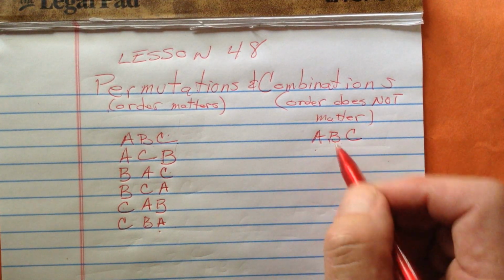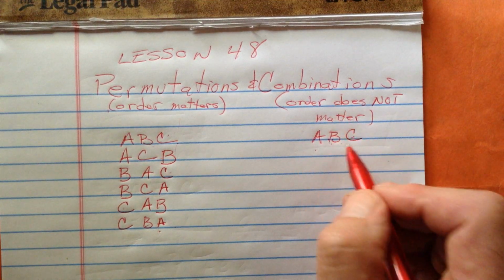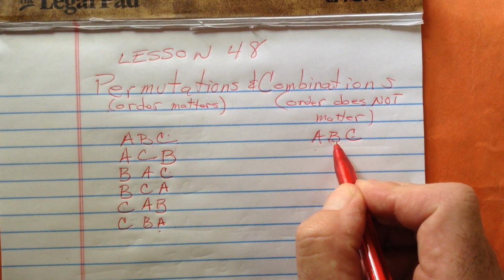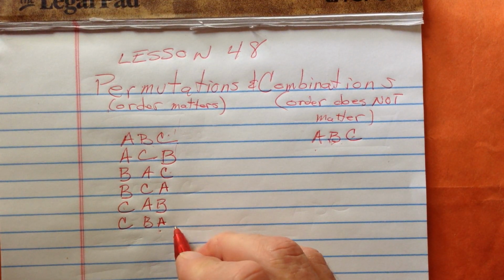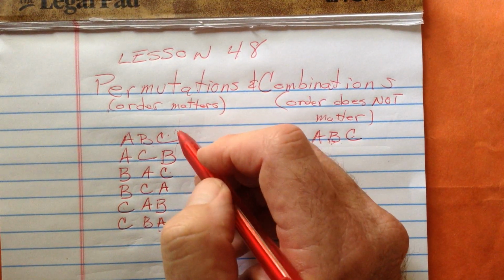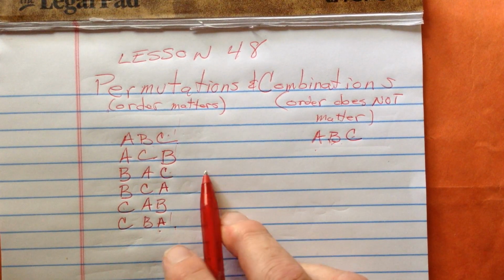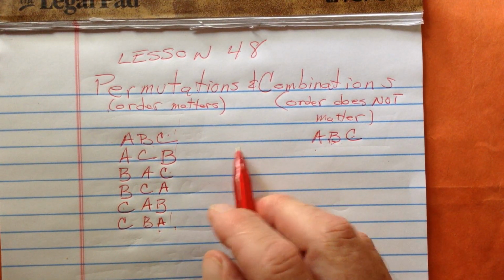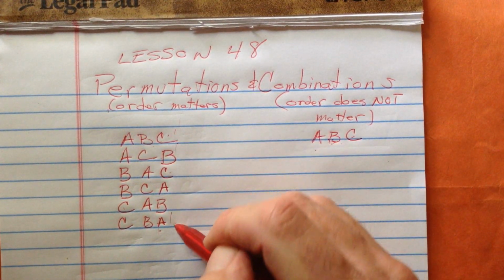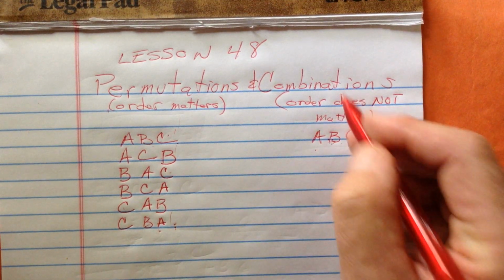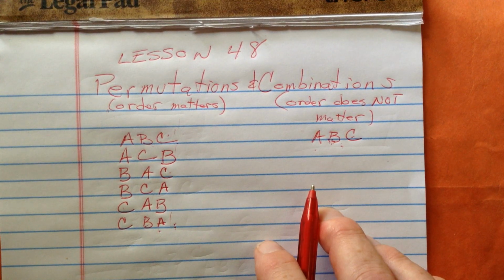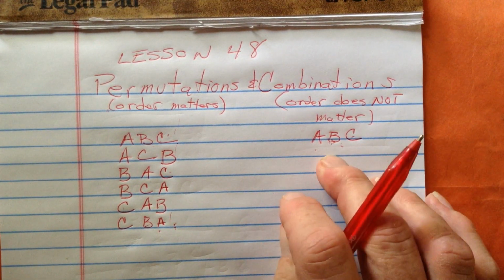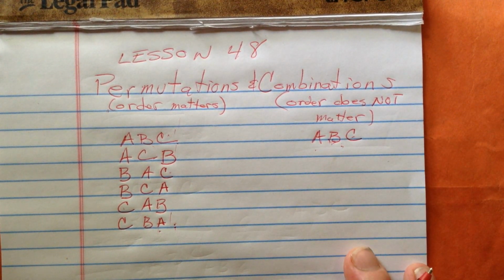So with A, B, C, there are 6 different ways you can order them for the permutation. And I found permutations are actually easier to calculate compared to combinations. Right here it looks easier, but you'll see later on there's an extra step when you're figuring out combinations.